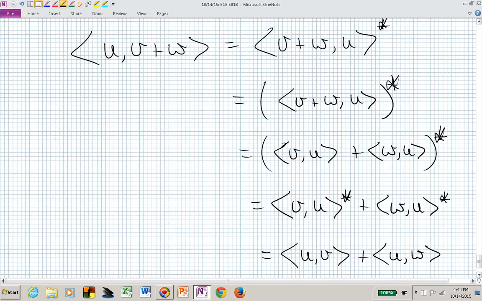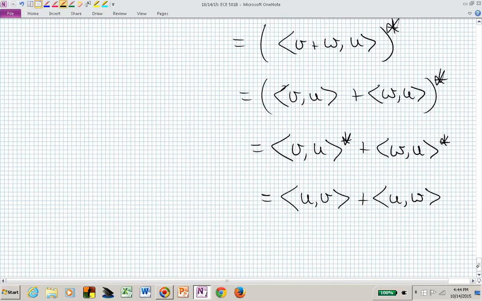now we can see that in fact what we started with was a sum in the second slot, and it looks like we have additivity of the second slot. We ended up with UV inner product plus UW inner product. Meaning we do enjoy additivity in the second slot.